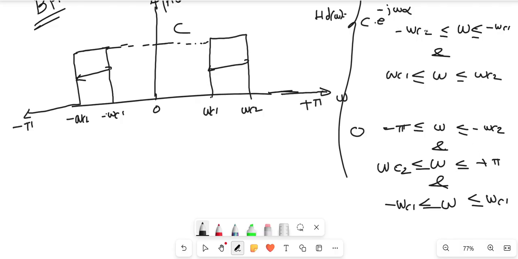So this is a band limited signal which passes only the band limited signal and rejects the other frequencies. That is the desired frequency response of the band pass filter.